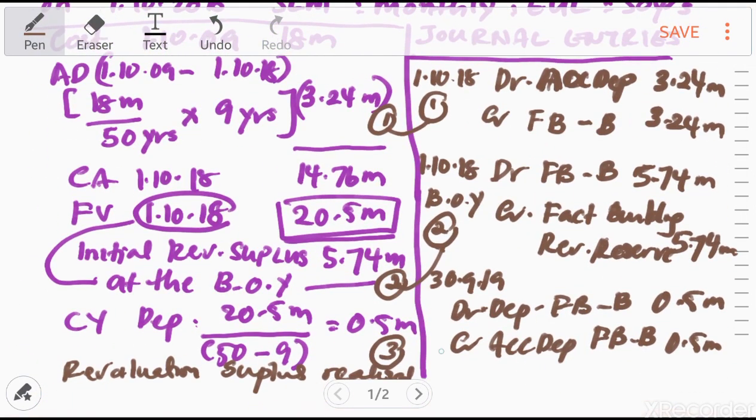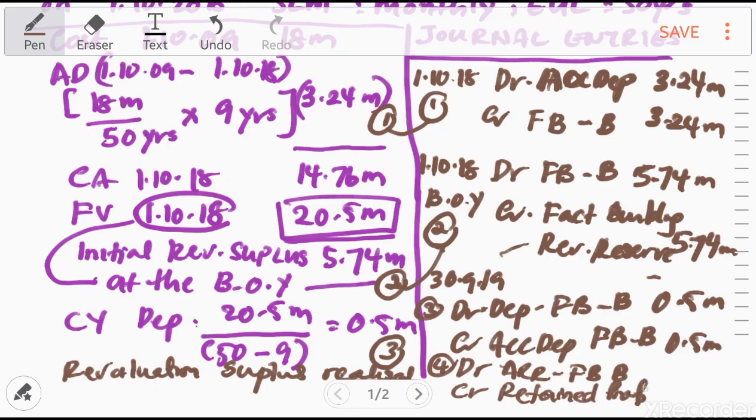And we will put this journal entry here, number 4. This is number 3. So I will put here debit asset revaluation reserve factory building B, which is this one, and you are going to credit it to the retained earnings, retained profit.